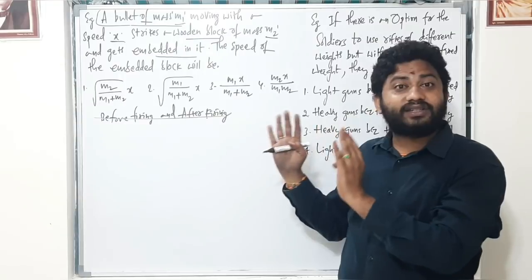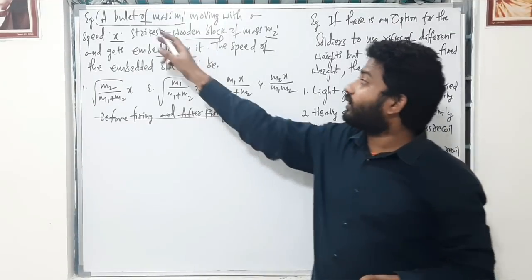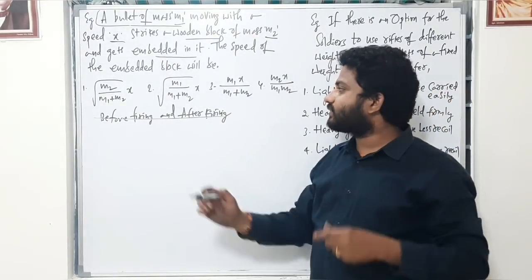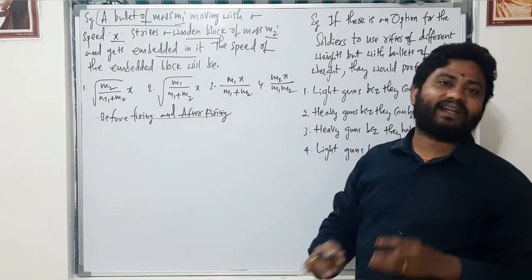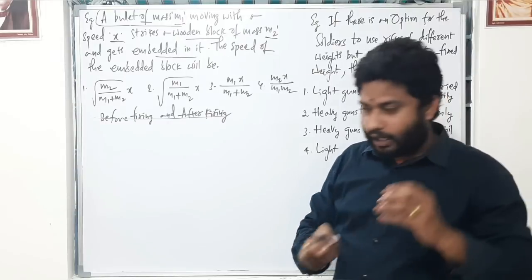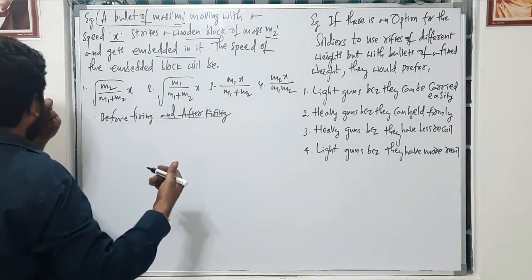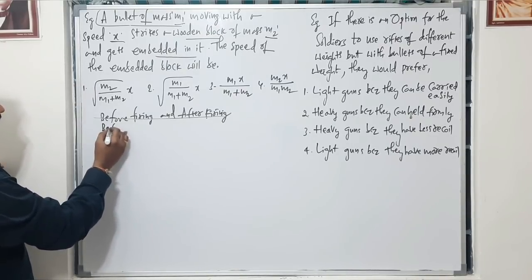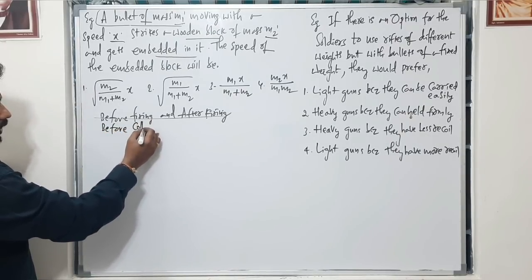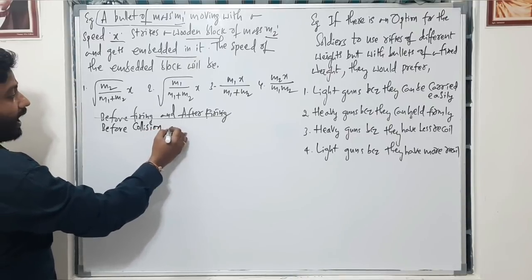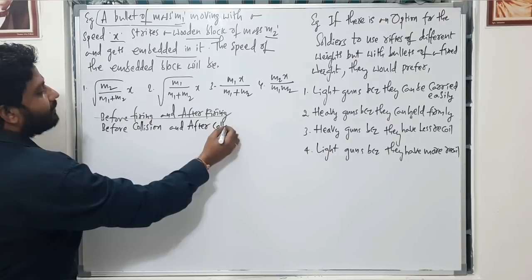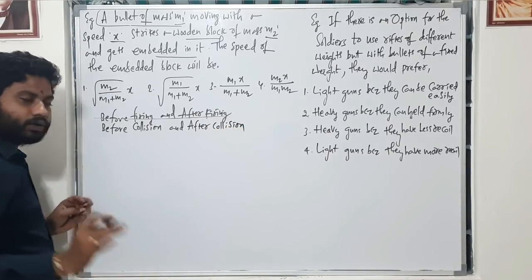What are the two bodies here which are colliding? One is the bullet and the other is the wooden block. So that's the reason we are not considering the before firing and after firing condition. Clear? Now, we need to consider the before collision and after collision condition. I hope you got the point.